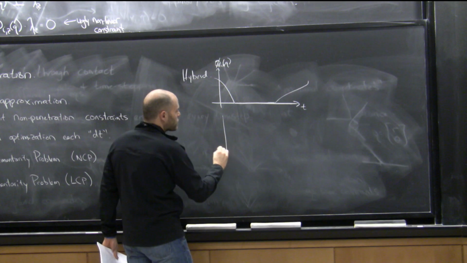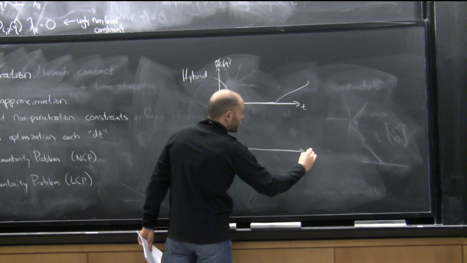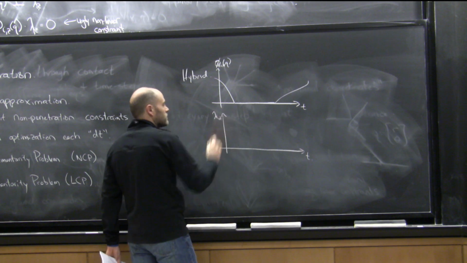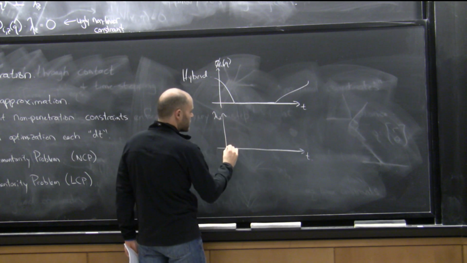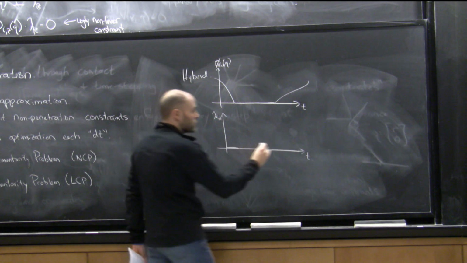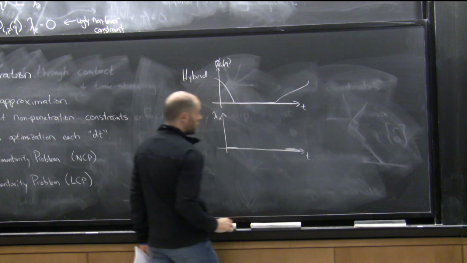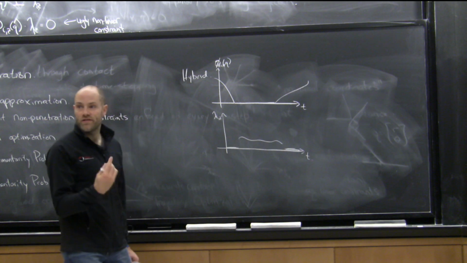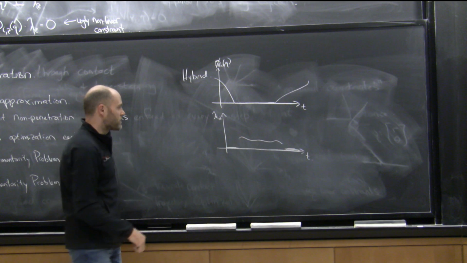Okay, what are the contact forces going to look like? Well, we know they're going to be 0 here when this is off the ground and 0 over here. They're allowed to be non-zero here to resist the pull of gravity into the ground.